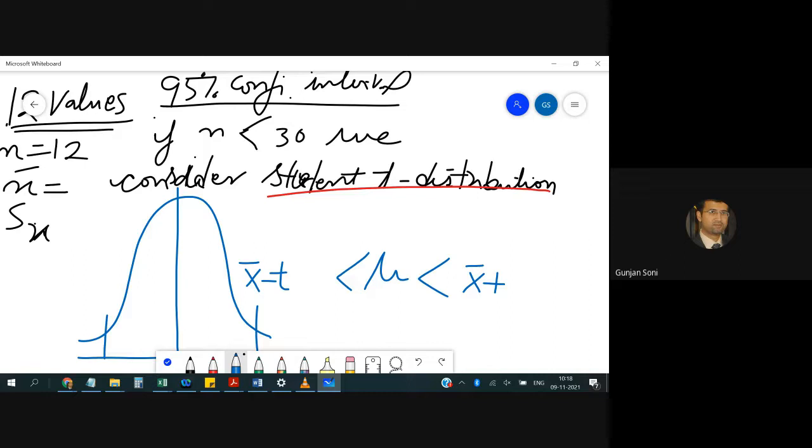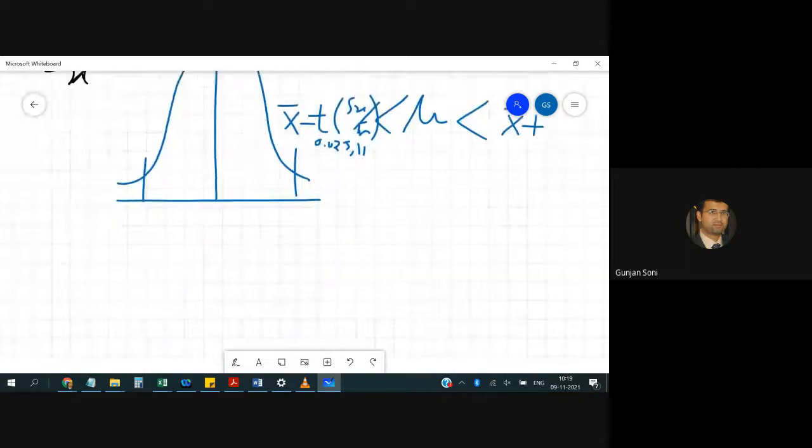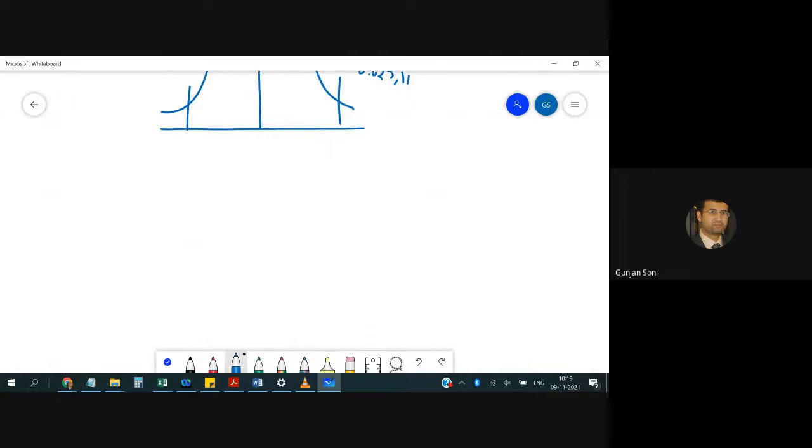How do we write it? t of 0.025 comma number of degrees of freedom, 11, times sx by root n. The mean would lie between the limits.